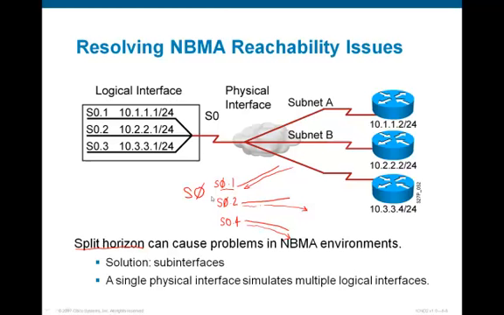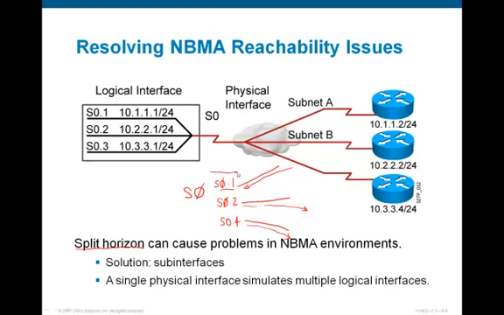So as such, split horizon will not stop the routes from coming in from S0.1, and it will not stop the routes from going out of S0.2 as well as S0.4 to reach the other remote sites.